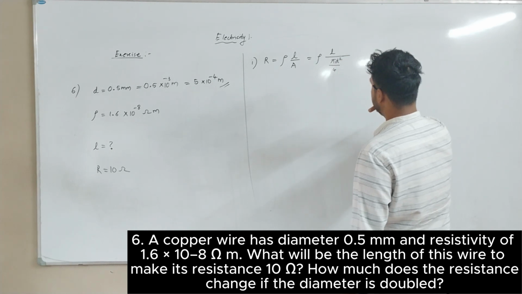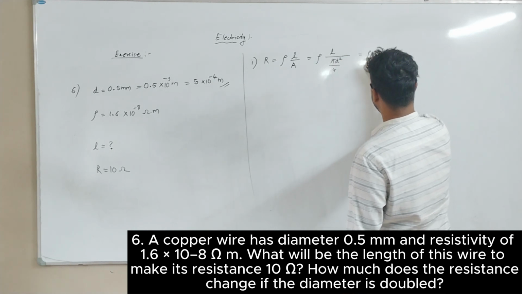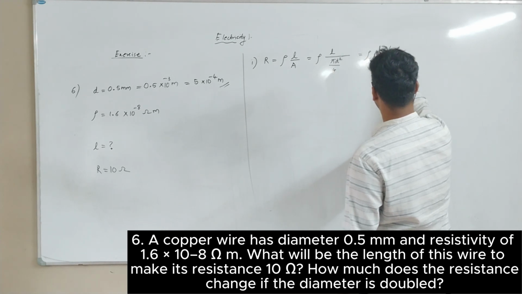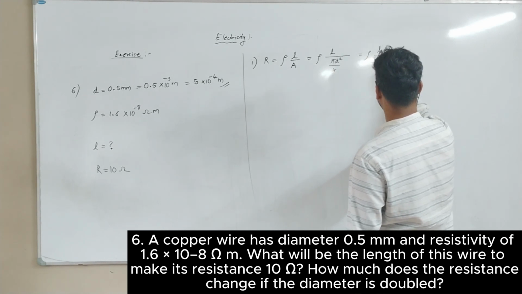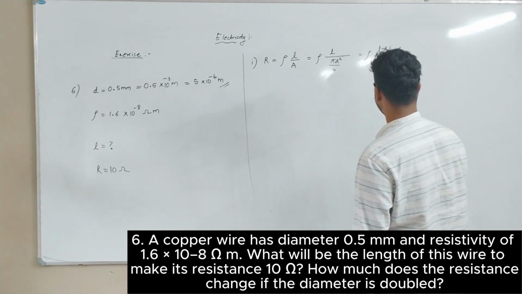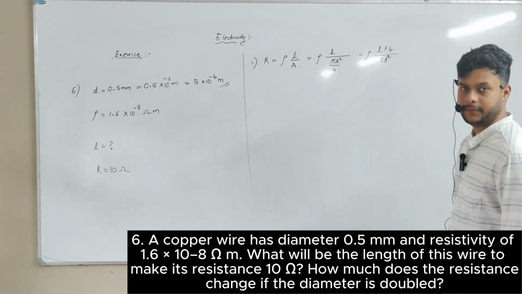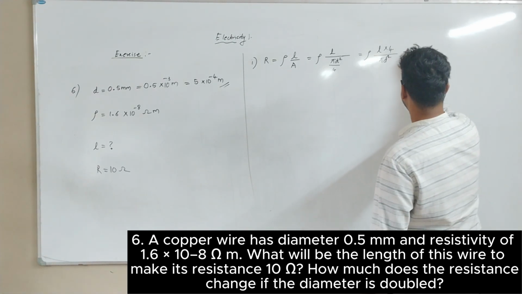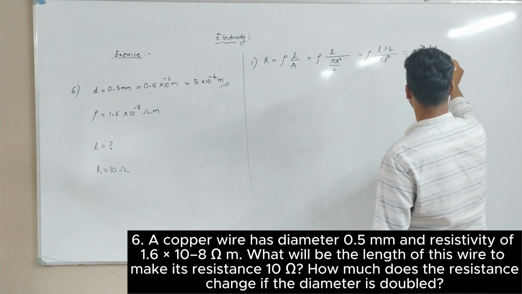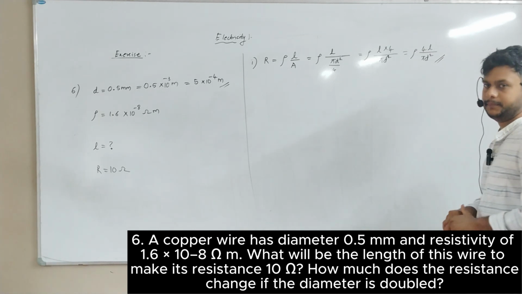If I make it a reciprocal, the 4 will go in the numerator, giving 4 divided by pi d square. Pi d square will stay in the denominator. Perfect? So I can write this as R equals rho 4L upon pi d square. This is the ending answer.